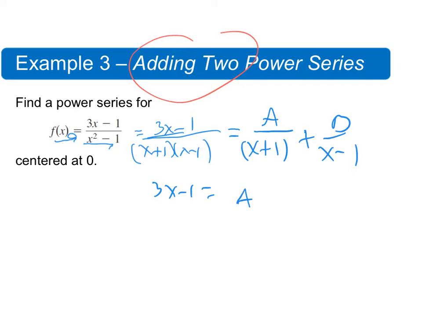And then we say to ourselves, actually, it's not that. I messed up. It's going to be a times x minus 1 plus b times x plus 1. There, okay. What do we do next?